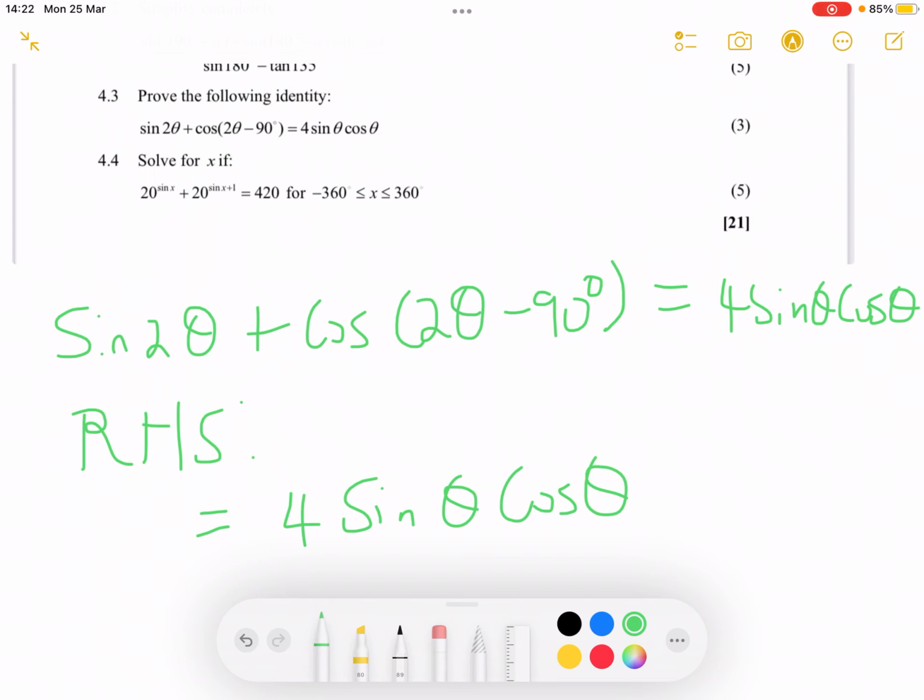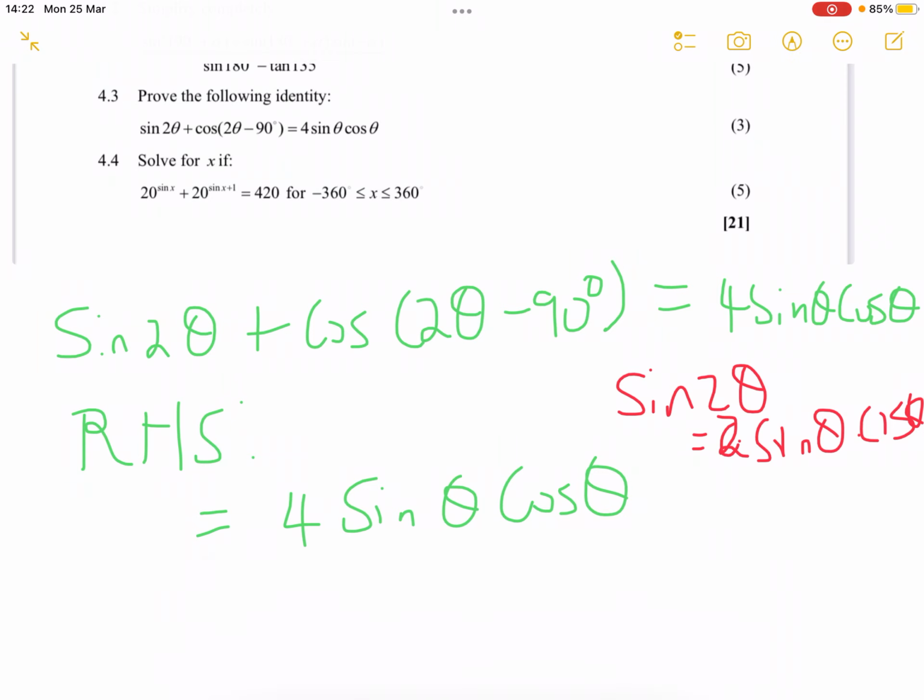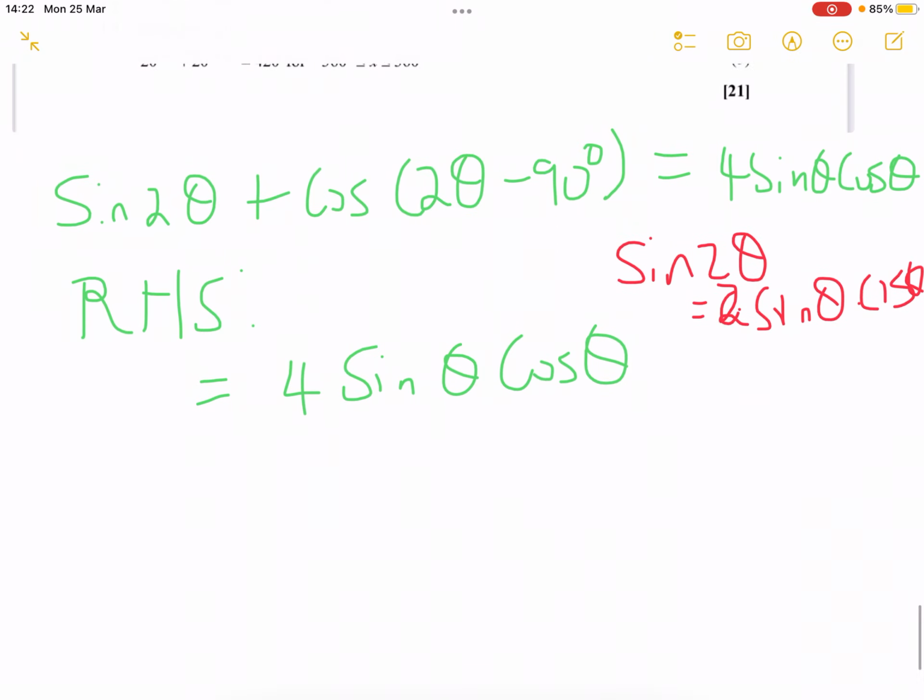Now 4 sine theta cos theta would be the same as our identity sine 2 theta, which is equal to 2 sine theta cos theta. Now how do we make these two the same, the green and the red one?